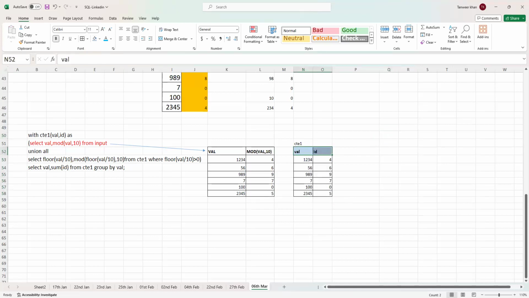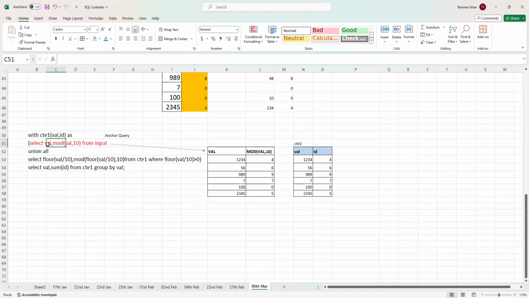Tanvir, could you repeat this because I did not understand this concept. I will repeat it. In recursive CTE, what happens when you execute this first query? This is also known as the anchor query. So it's very simple. The output of this query will be saved in the CTE1 table in these 2 columns, whatever you have written.